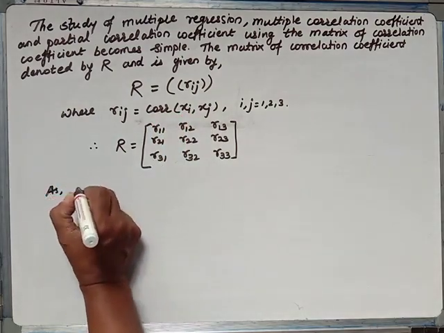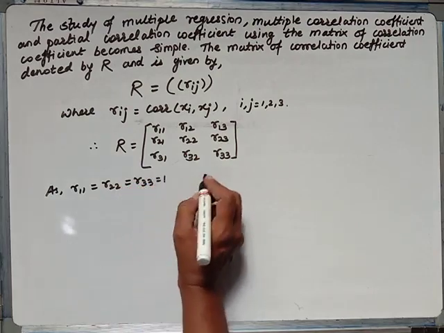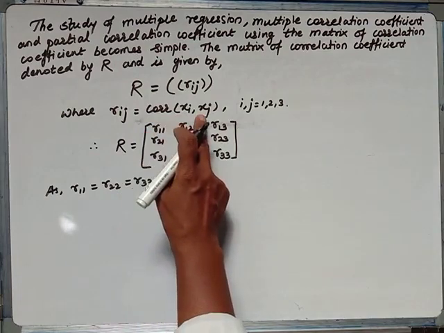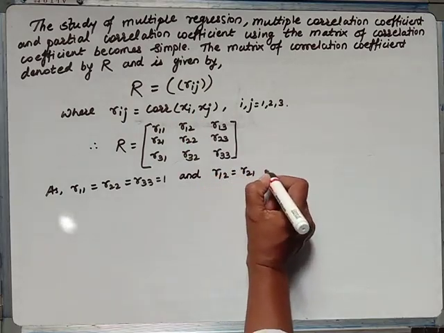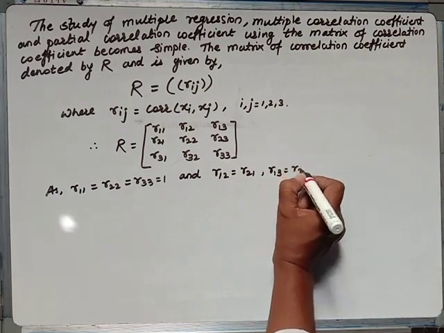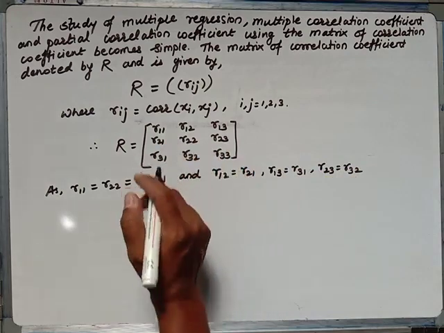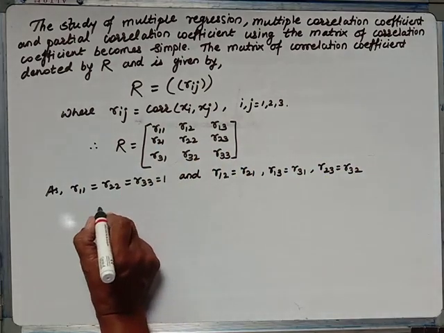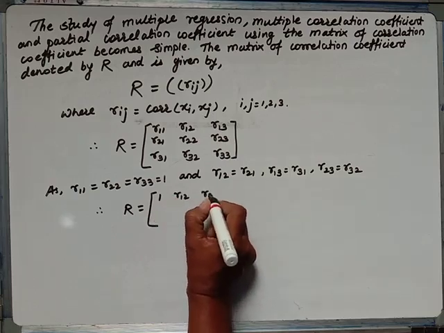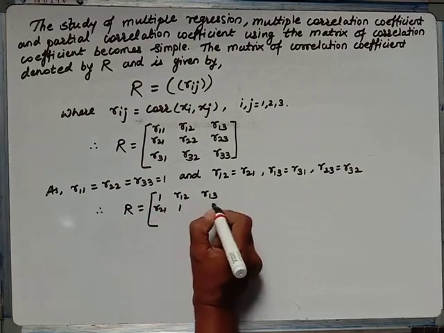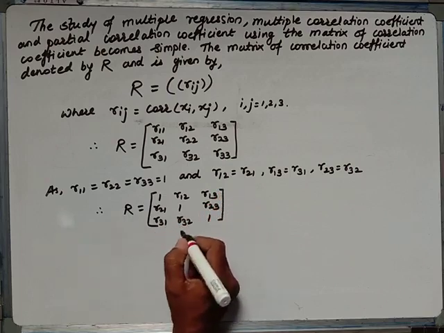So R11, R22 and R33 become 1. And correlation between x1, x2 is the same as between x2, x1, so R12 is same as R21, R13 is same as R31 and R23 is same as R32. Therefore R is 1, R12, R13; R21, 1, R23; R31, R32, 1. Right?